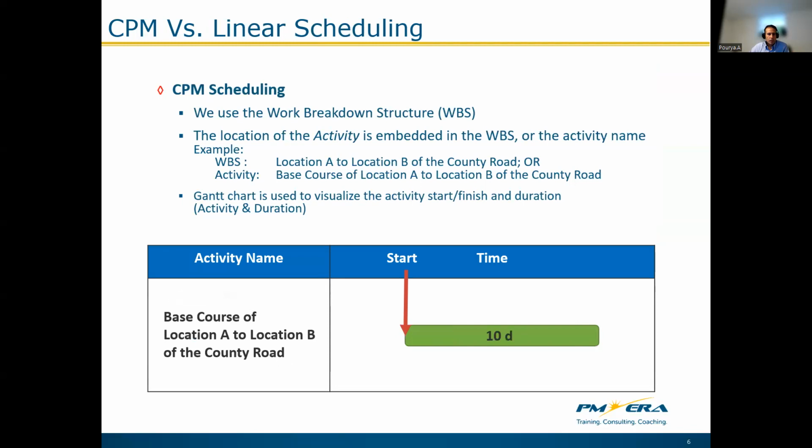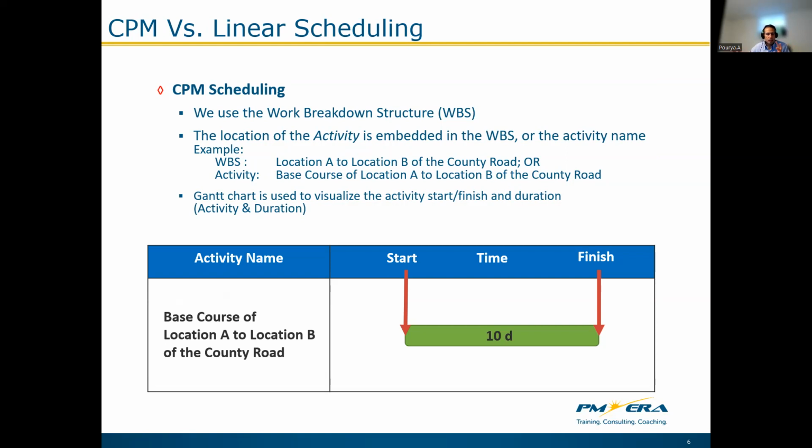If we want to compare the critical path method versus linear scheduling, in the critical path method scheduling, or CPM scheduling, we use the work breakdown structure, and the location of the activity is embedded either in the WBS, like location A to location B of the county road, or in the activity name, like base course of the location A to location B of the county road.